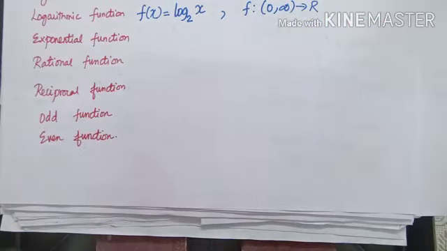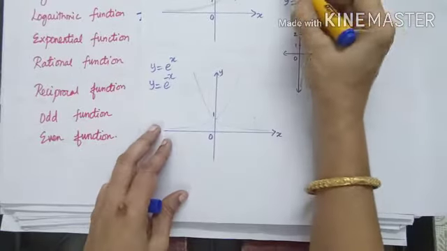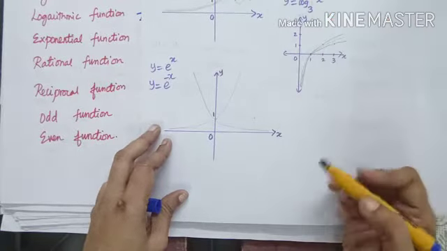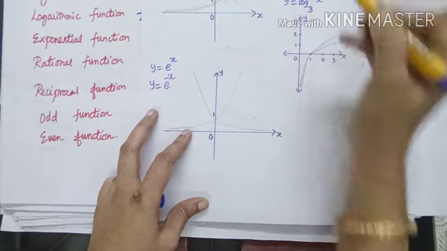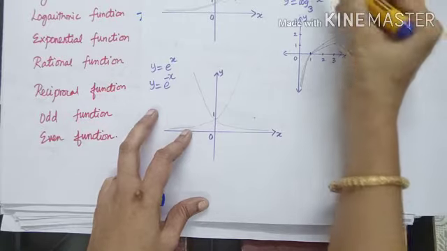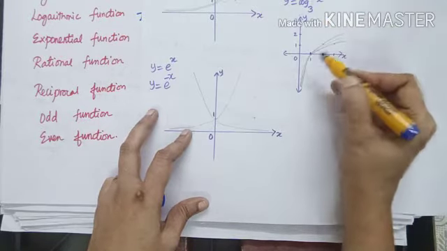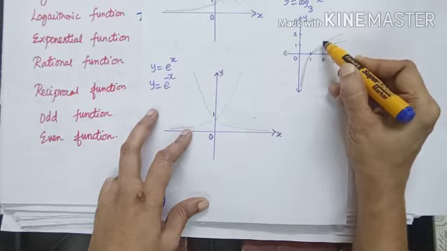Now look at the example. We are seeing y equals log x base 2. How should I draw? 2 base 2, my answer is 1. So log 1 is always 0. Log 1 is always 0, remember. 2 base 2 is 1. So 2, 1 I have to mark.